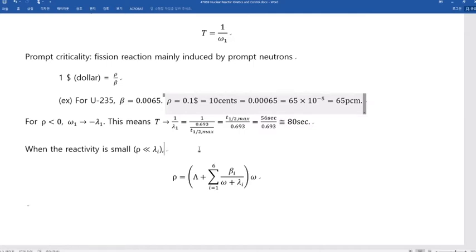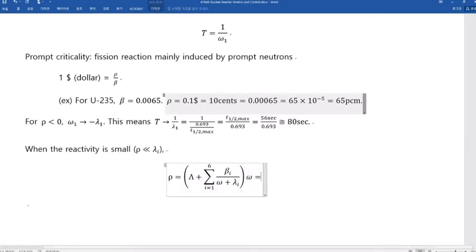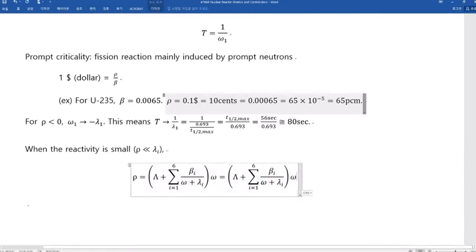In that case, if the reactivity is this small, then omega is much smaller than the lambda i's.